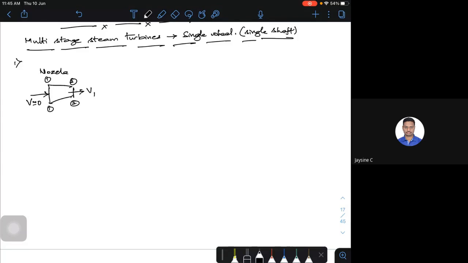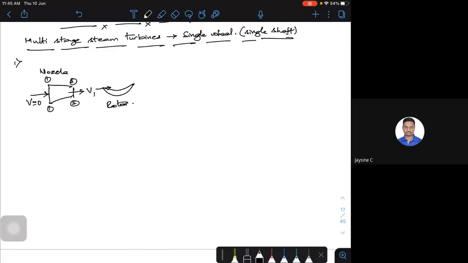This is the steam velocity, and it is going to hit your blade, your rotor, with this particular velocity. Let me write that.